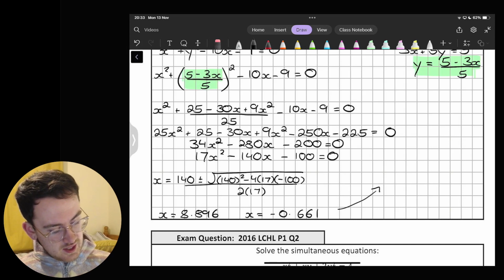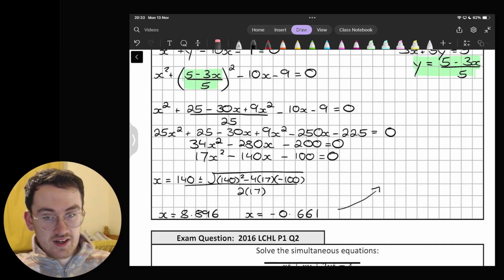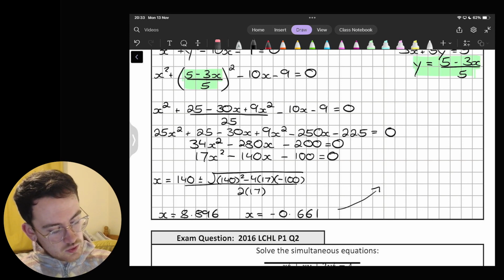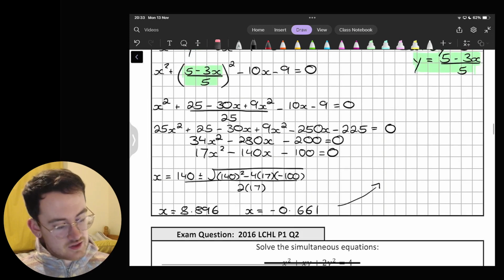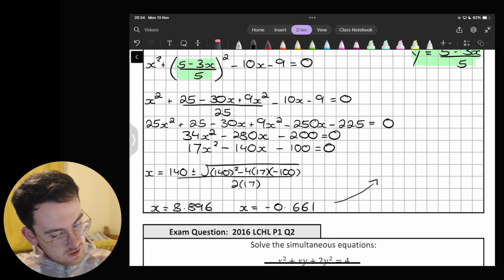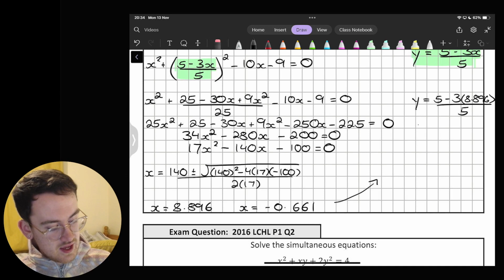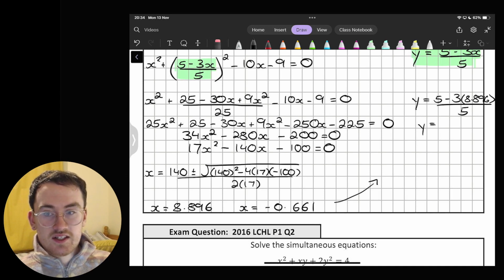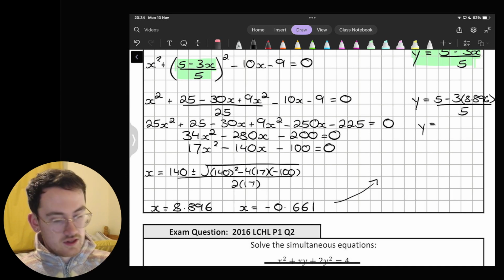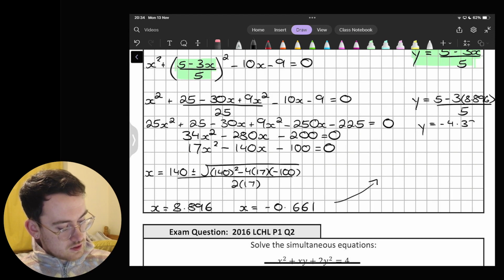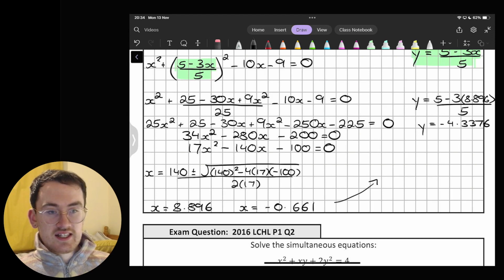We're going to use that now to find the 2 y values. Subbing in each of those x values for y using my fraction over here, I get y is equal to 5 minus 3 times, let's do the 8.896 first, all over 5. Multiplying that out, let me check my workings here, I get minus 4.3376.